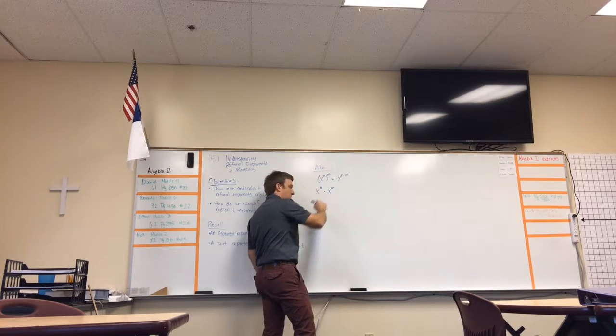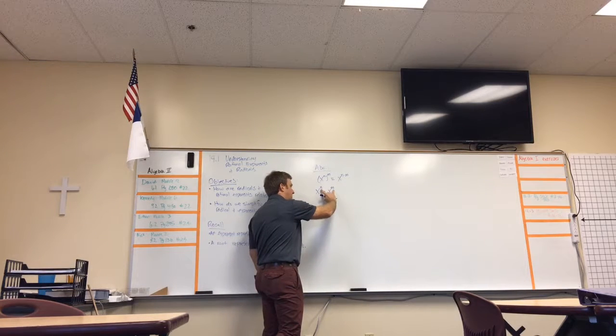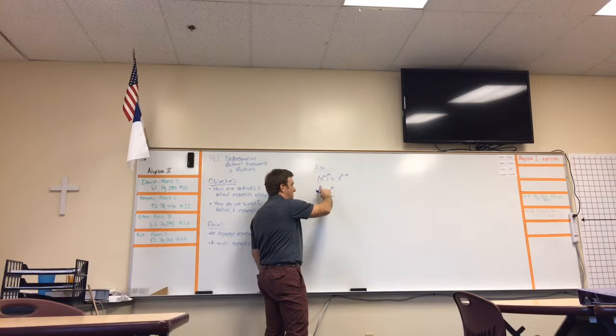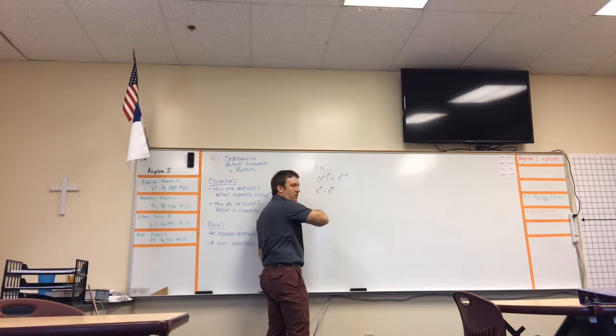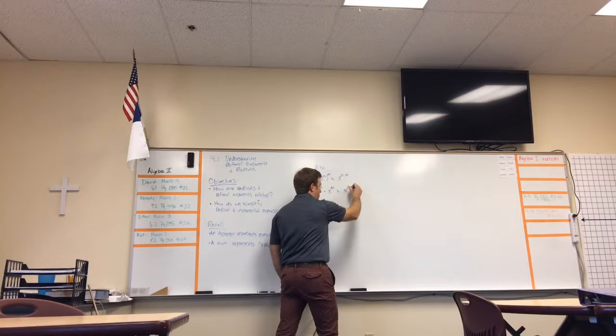This is the exponent. The exponents don't have to be the same, but they can be. If I'm multiplying two monomials with the same base, I add their exponents. So this equals x to the n plus m.